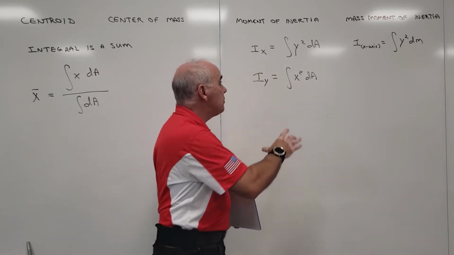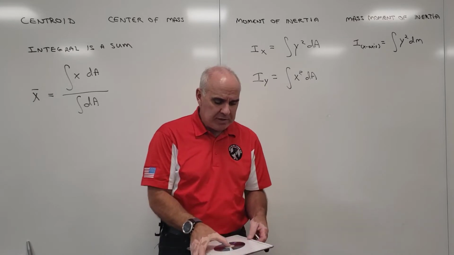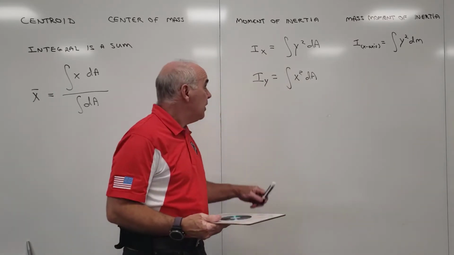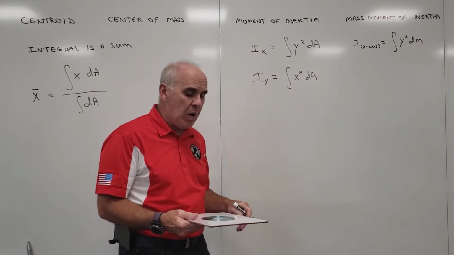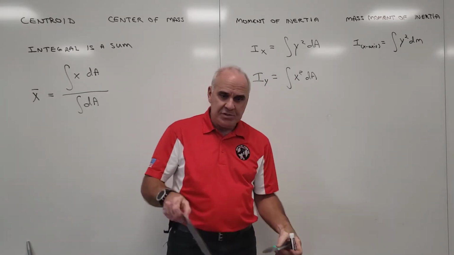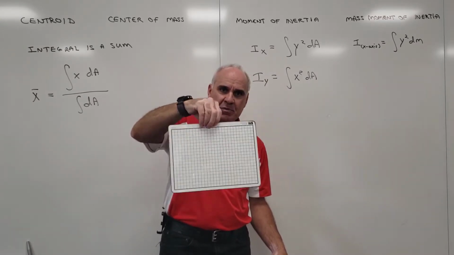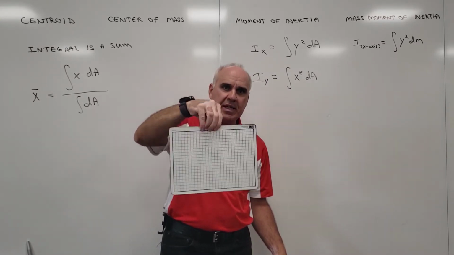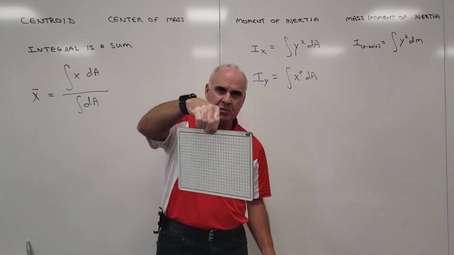Well, the same thing holds true when I look at the rotational inertia. Now, one thing I want to discuss before we get too far: the moment of inertia about the x-axis and the moment of inertia about the y-axis. Here is the x-axis, and the y-axis is this way.